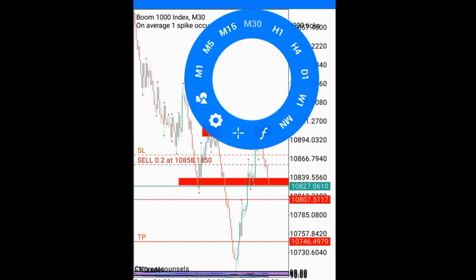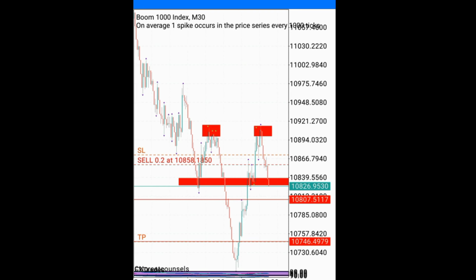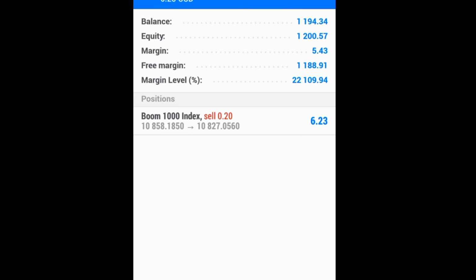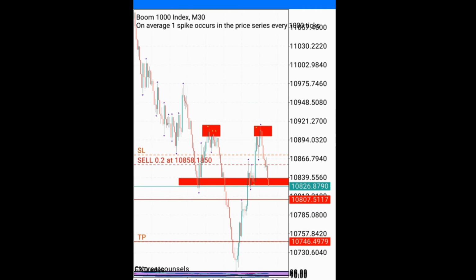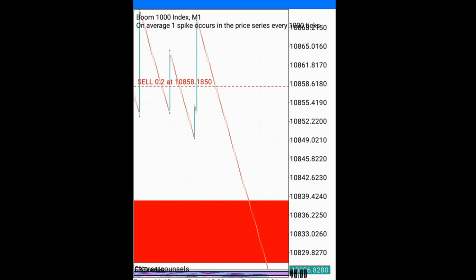The market has actually gone deep into our rectangle, and it's right on that support. Okay, but we are still in profit. Remember, we've closed 0.8 already, and we left 0.2 running.